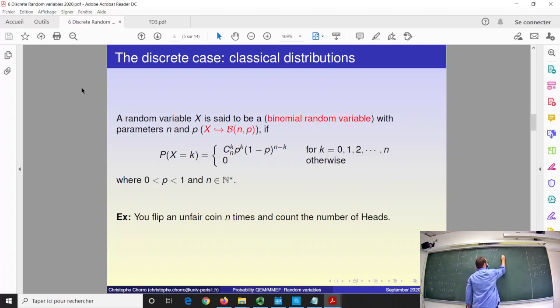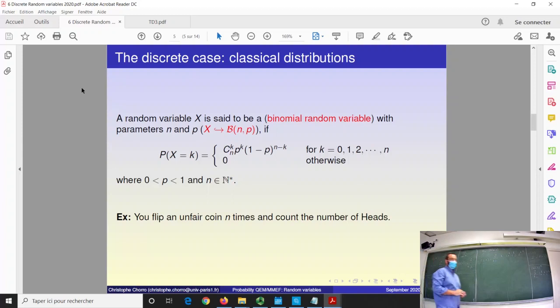So I have k, C(n,k), p^k, (1 minus p)^(n minus k). And in fact, it's a computation that is not very far from one exercise we corrected together in the summer list.